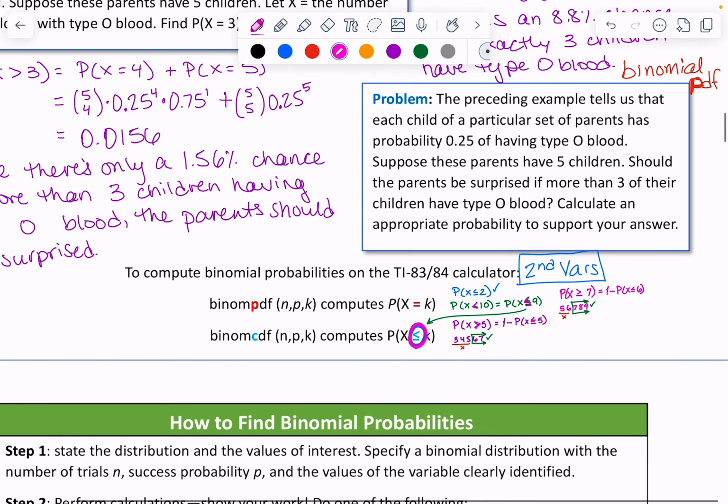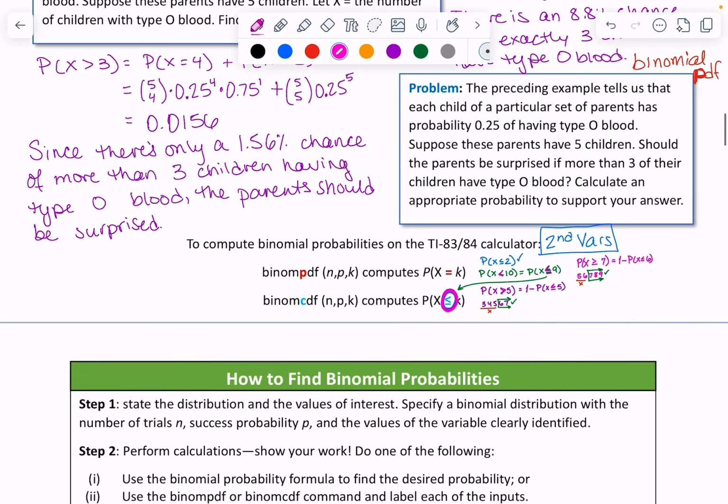But one more time, PDF is for that equal sign, because it's precise. CDF is the less than or equal to sign because it's cumulative.